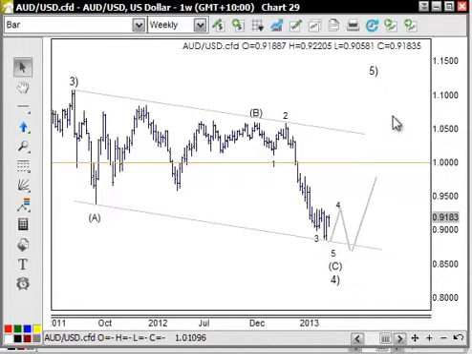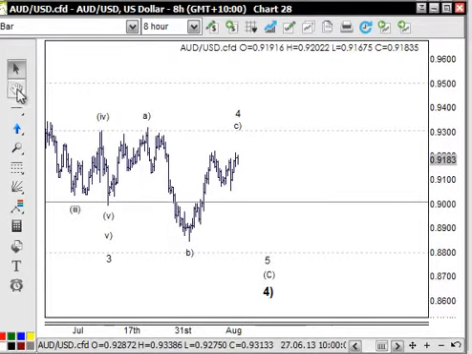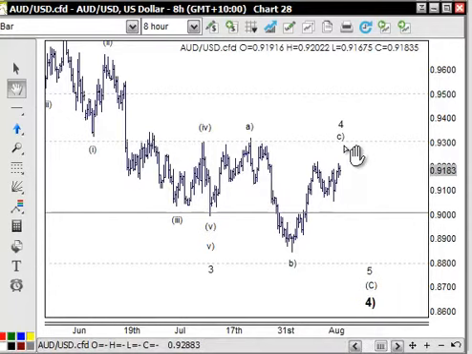So let's just drill in here a little bit. The corrective pattern that we're looking at is we've got wave 3 into here, and then we're looking for the ABC for the B wave here, and then the C wave up through here. And the C wave will also be in 5 waves.